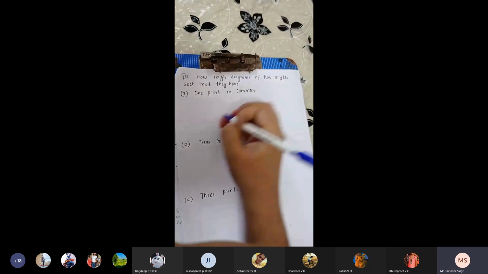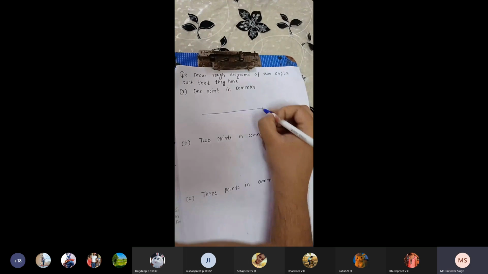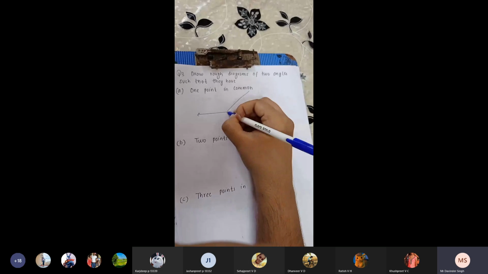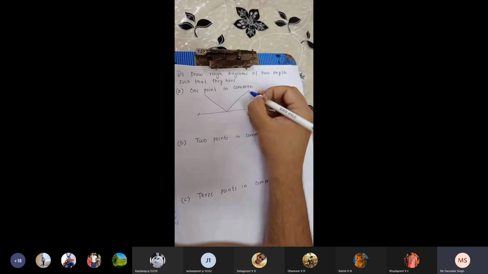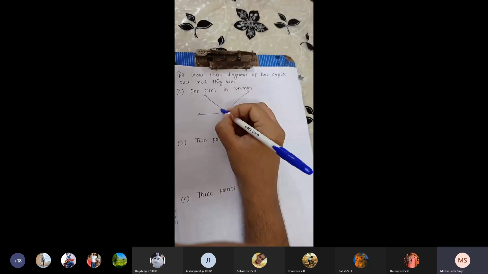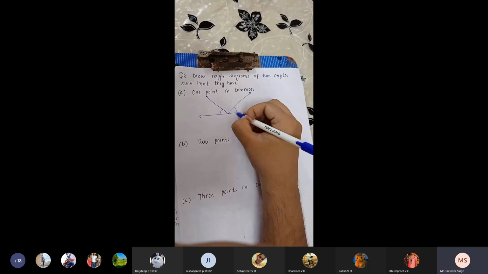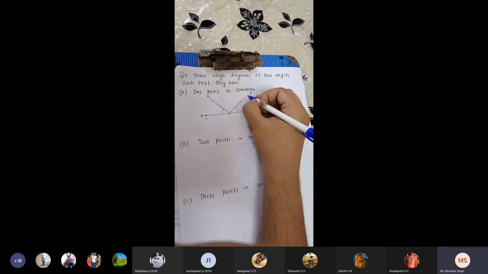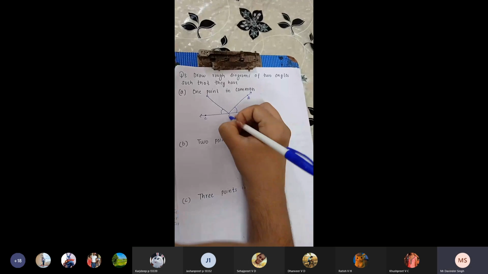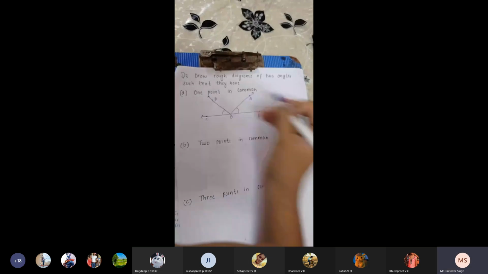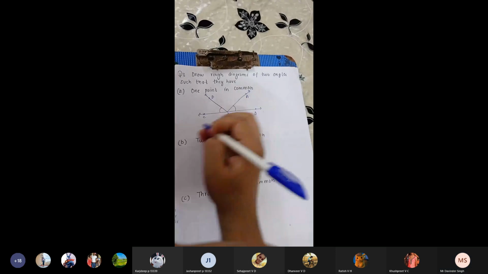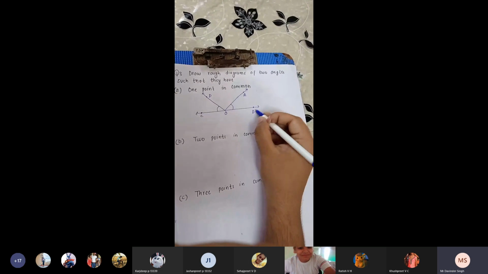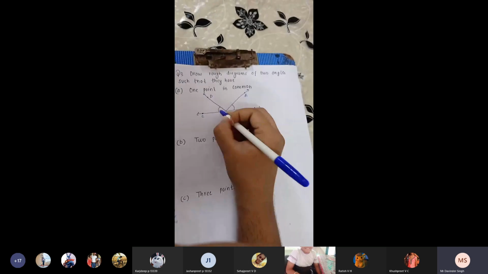See how I can draw it. Suppose this is a line. One angle can be drawn like this, and other angle can be drawn like this. The first angle will be this, and second angle will be this. Suppose it is C, it is D, it is A, it is O, and it is B. So here you can see there are two angles, DOC and AOB.